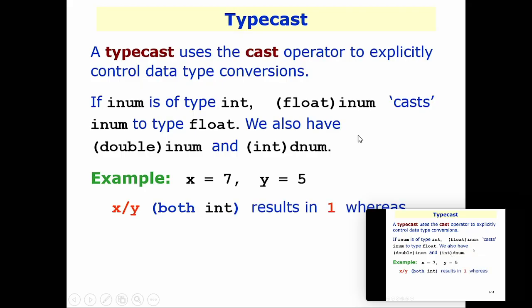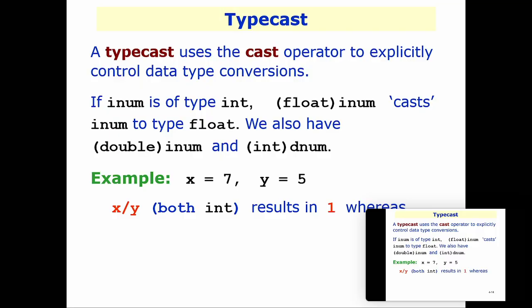So an example is here. Now we have x equals 7, y equals 5. Both are integer values. Then you have an operation of x divided by y, which is 7 divided by 5.